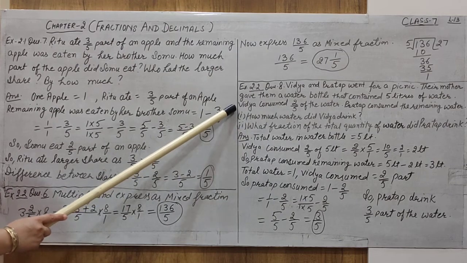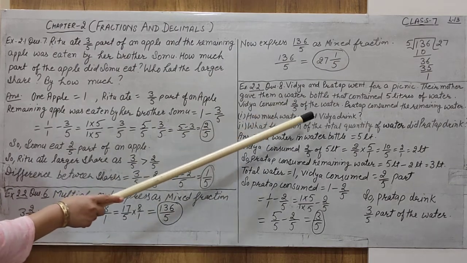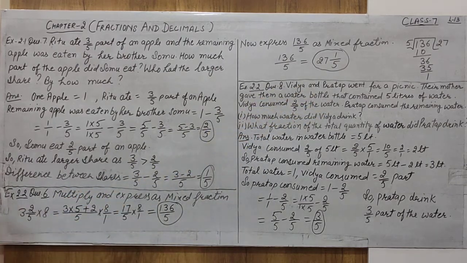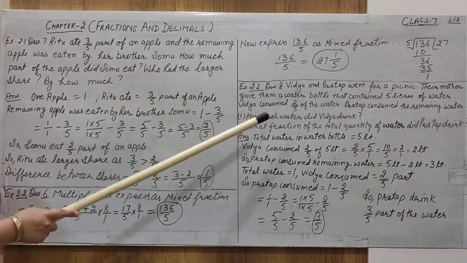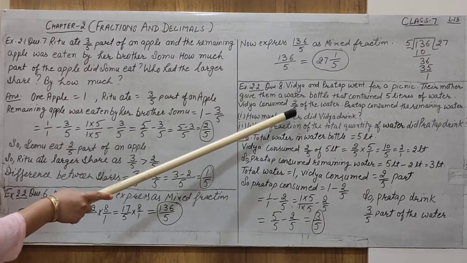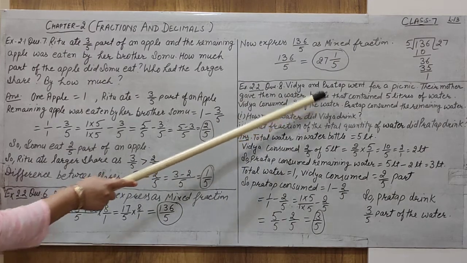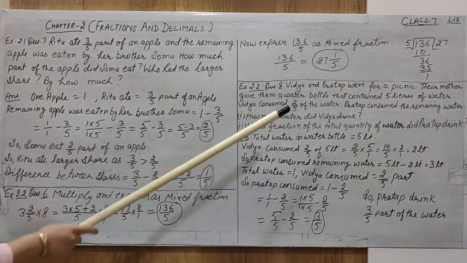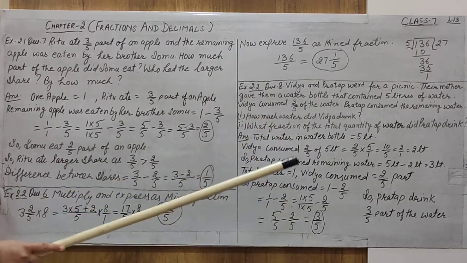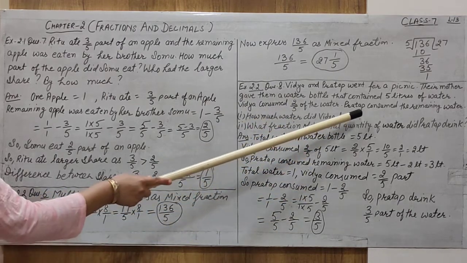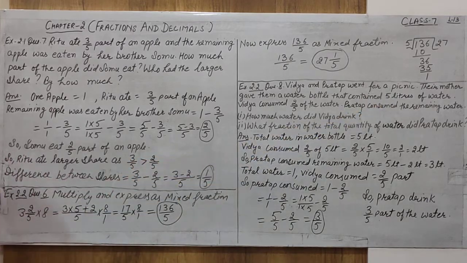Now, Vidya consumed 2 by 5 part of the water. The complete water is written as 1, and how much did Vidya consume? 2 by 5 part of that water. The quantity is not given. This is only the part. Alright. Now the total quantity is in liters, that is 5 liters.